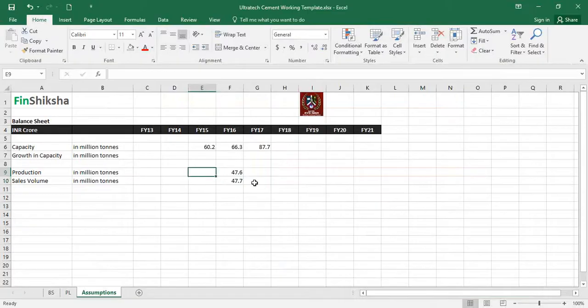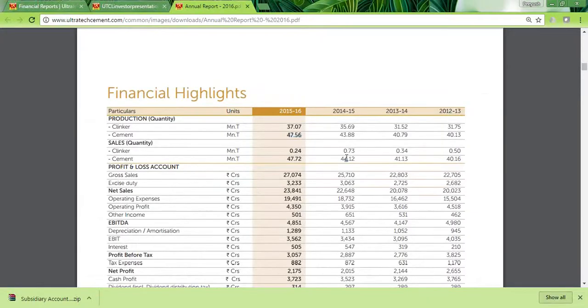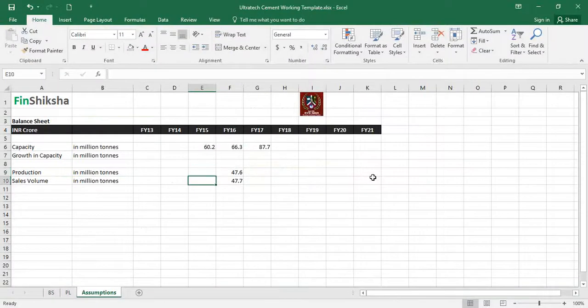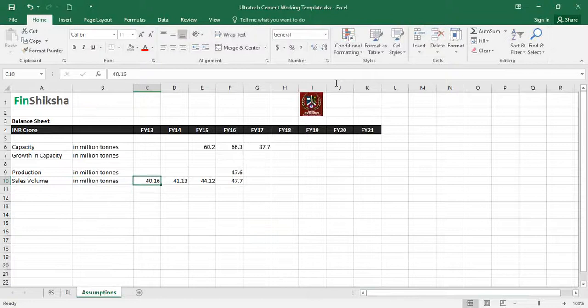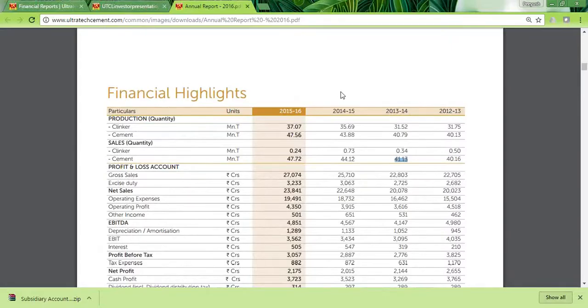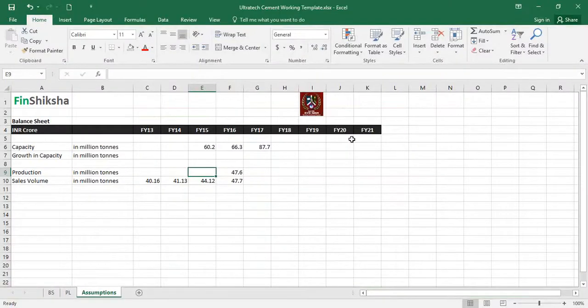We don't know that number yet for 2017. 44.12, 41.13. So we are going to put 44.12, 41.13, and the year before that is 40.16, right?